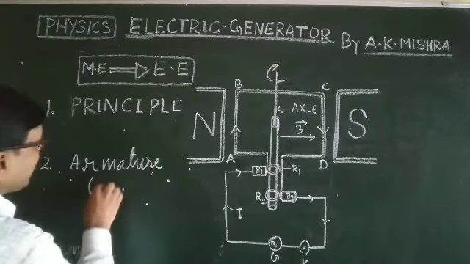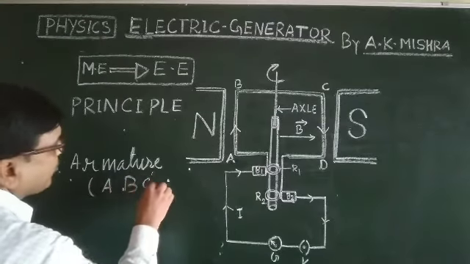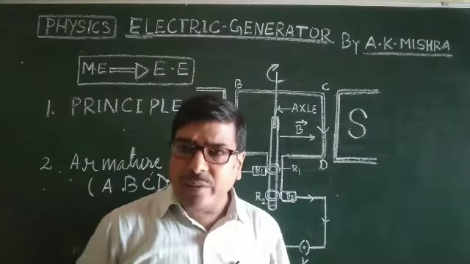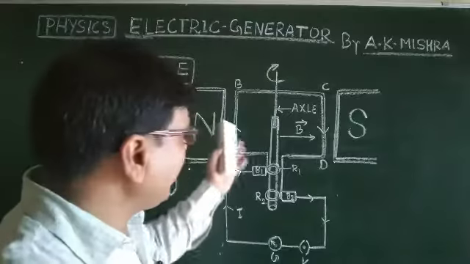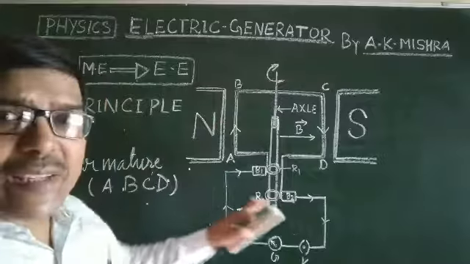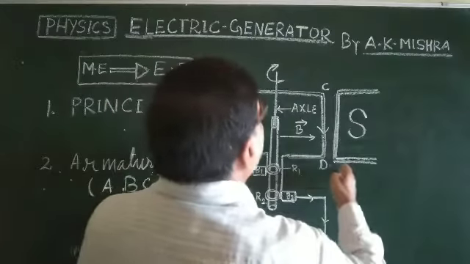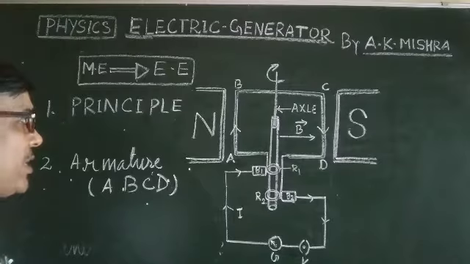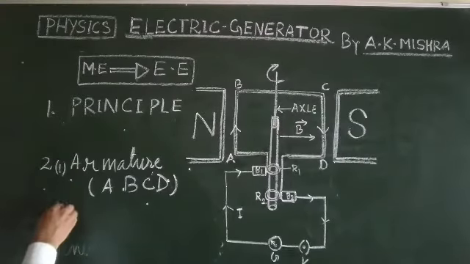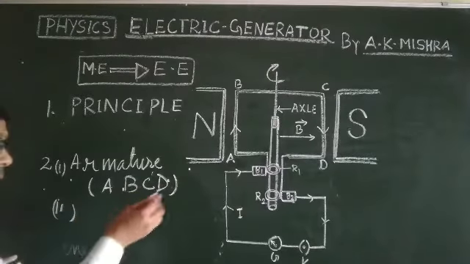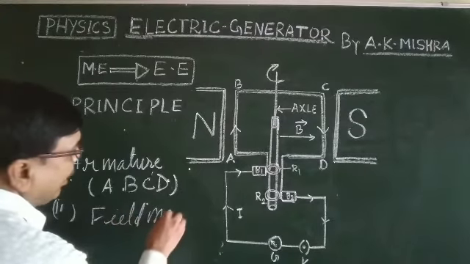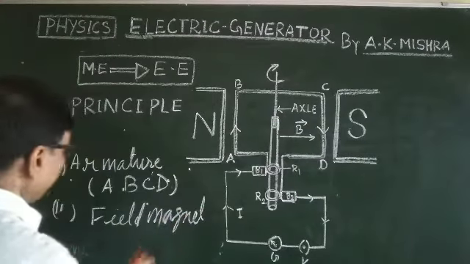Here the armature is ABCD. It is made up of a soft iron core in rectangular form, which is placed in a permanent magnet. The second part is the field magnet.